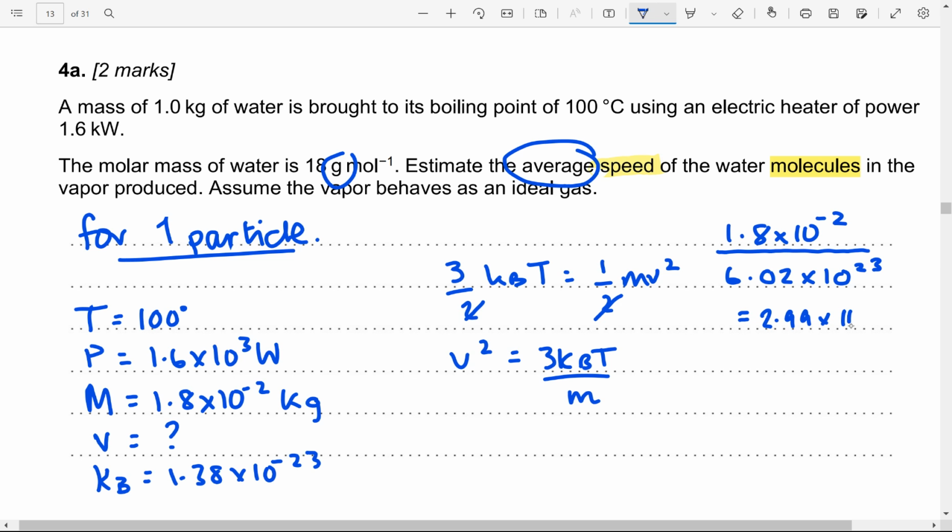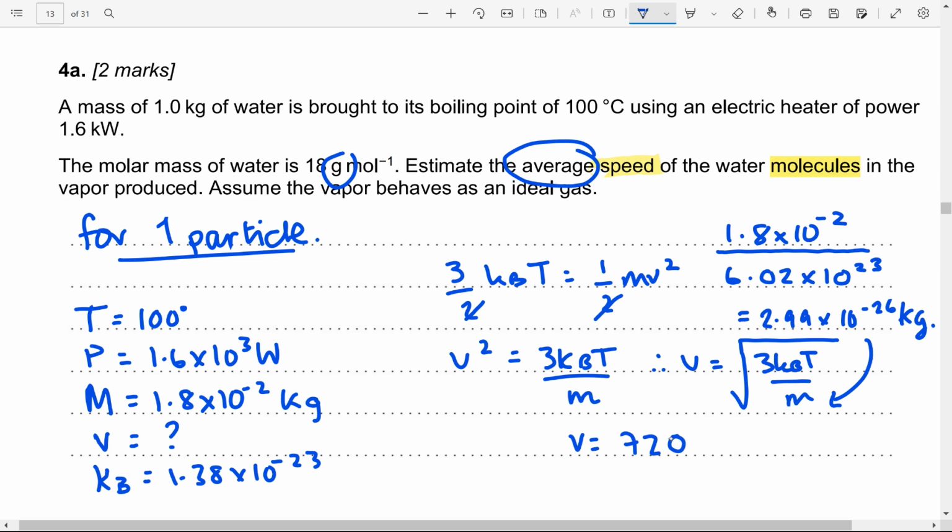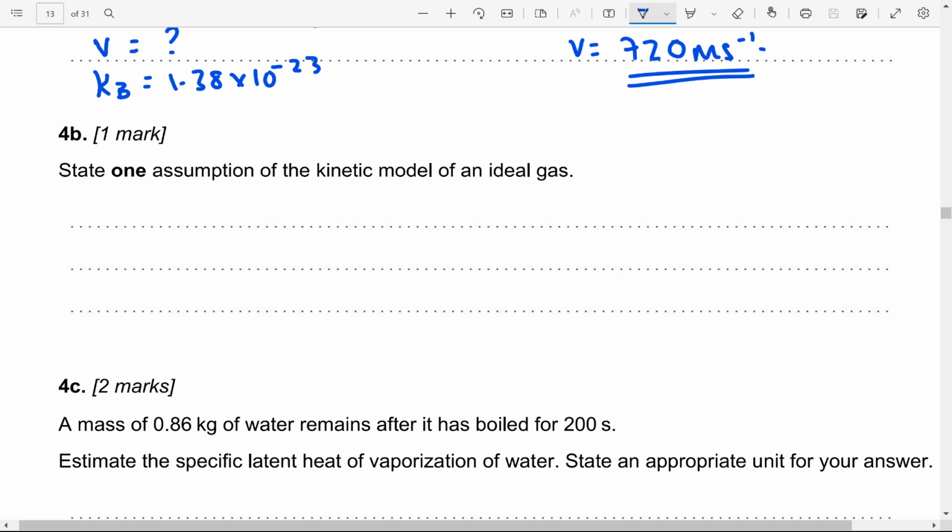And that's 2.99 times 10 to the minus 26 kilograms. Okay, so now we put in the numbers. So we can say, therefore, V equals the root of 3 kBT over m, which is this number. And we get a value for V of approximately 720 meters per second.